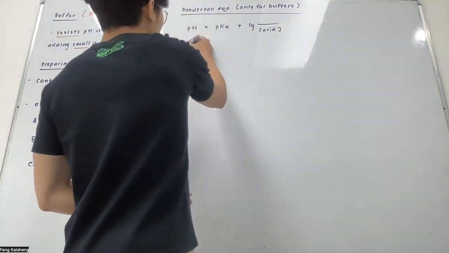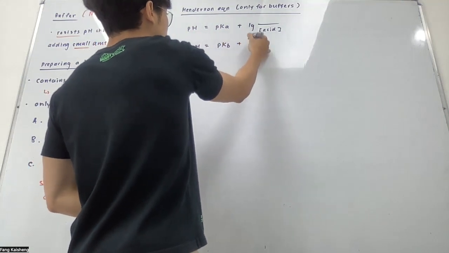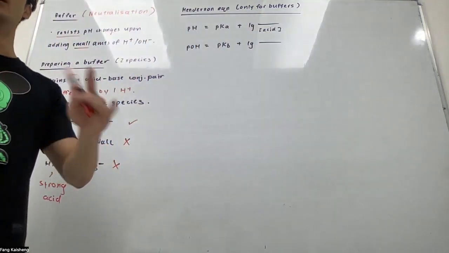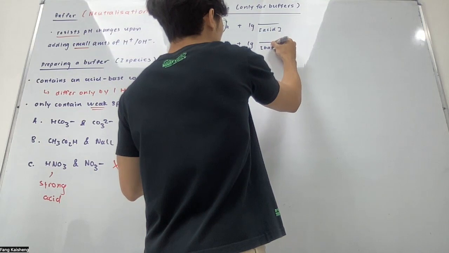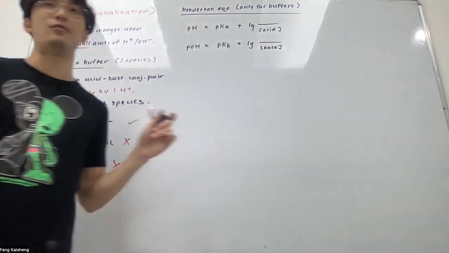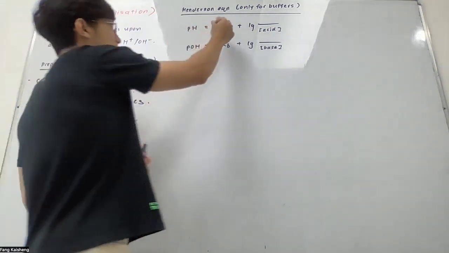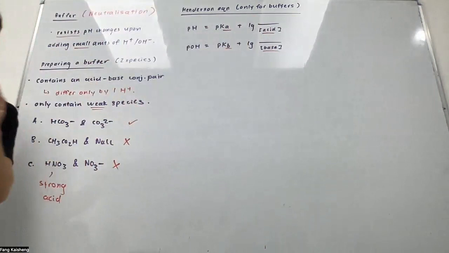On the other hand, pOH is accompanied by pKb. B stands for base. The base will be at the bottom. A lot of people tend to mix this part up, so I need you to be careful. This is how you should memorize this: A for acid, the acid is at the bottom. B for base, base at the bottom. So you highlight it like this, color code it or whatever.